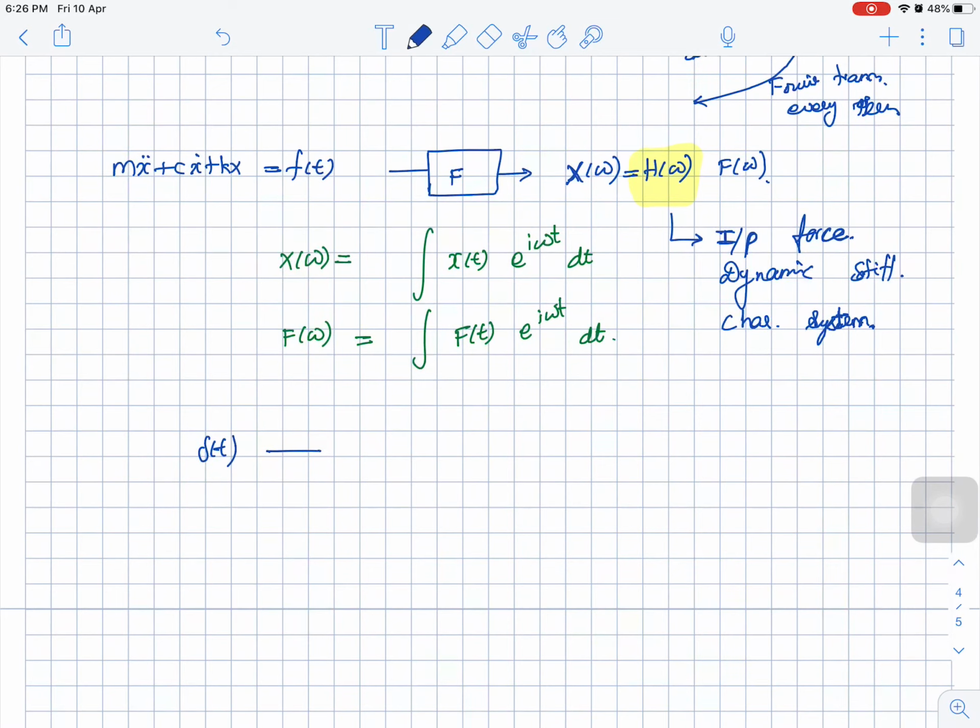If you take the Fourier transform of the delta function, what will you get? If you have a delta function and you are giving it into the system, the response you get is h of t, which will be like this. The delta function is at t equal to 0, you have delta of t.